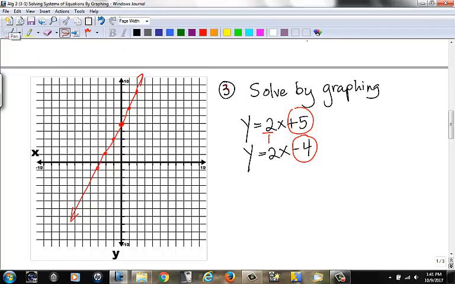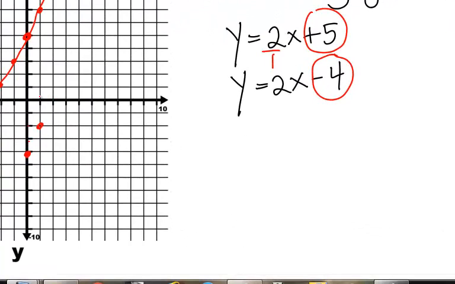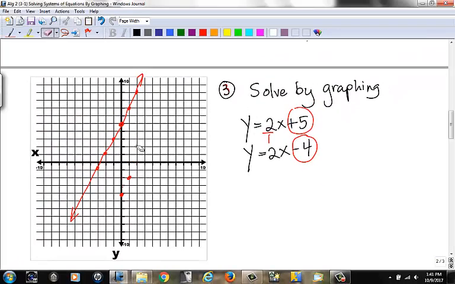Okay, and then the other one would go through at negative 4, and slope is still 2 over 1. Oops, sorry, got a point off. Go up 2, right 1, up 2, right 1. That looks better.